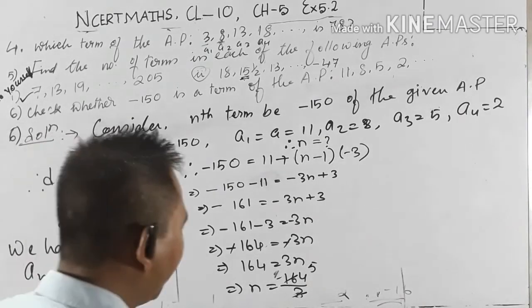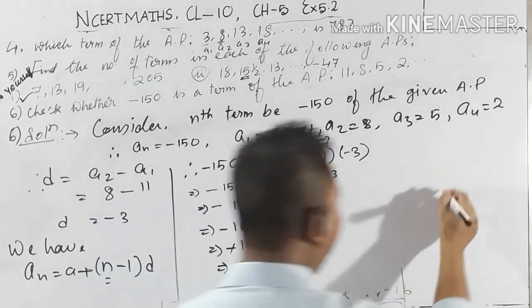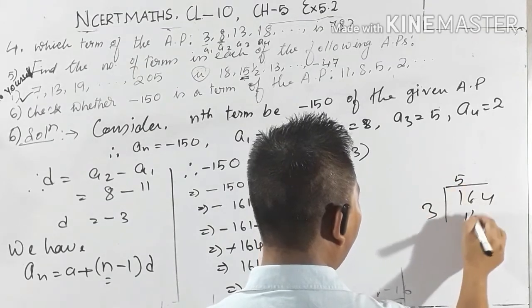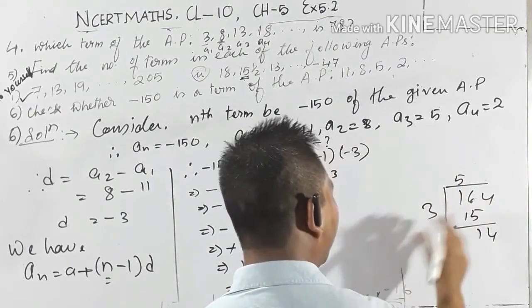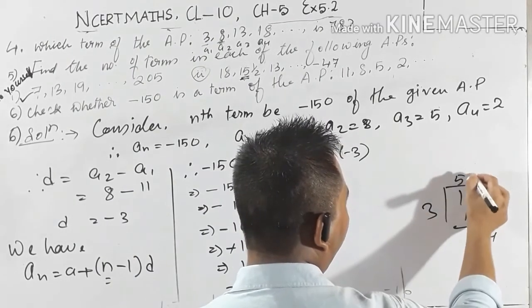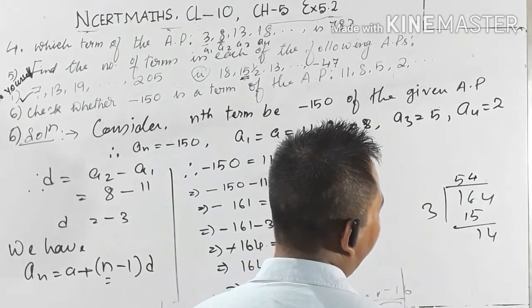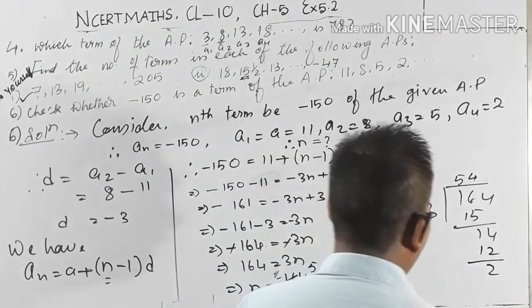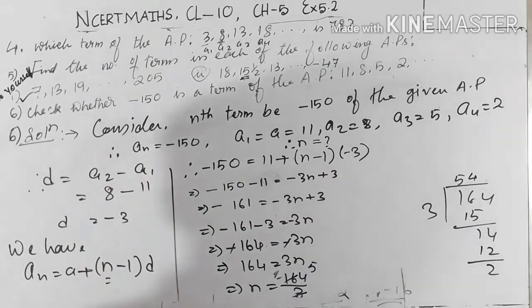So it won't be divisible, and we'll get a mixed number. Three fours are 12, so what is left is 2. That means our answer will be 54 whole 2 by 3.